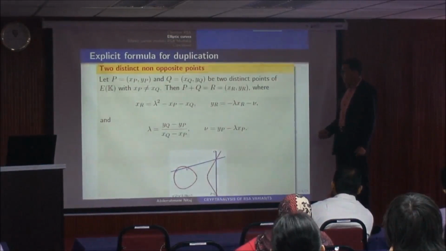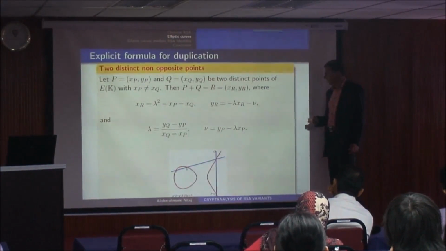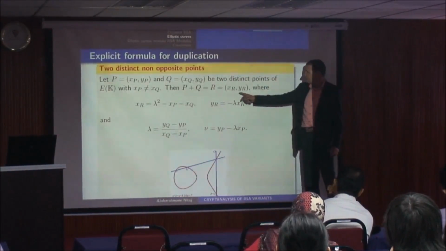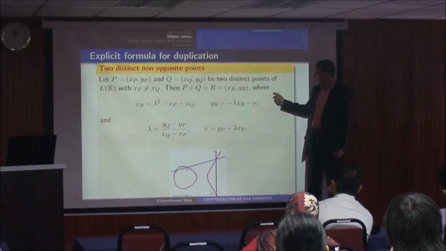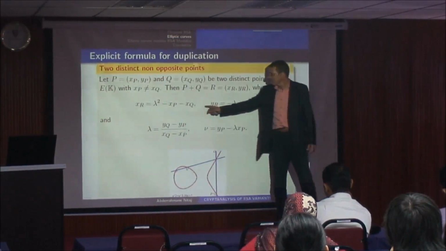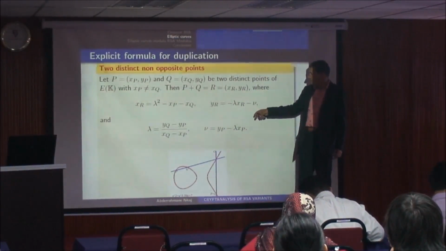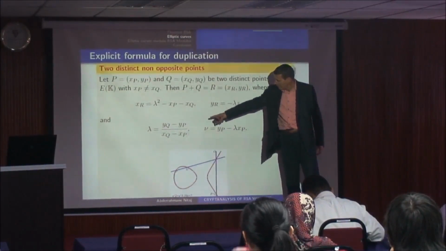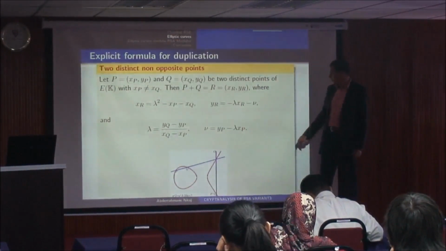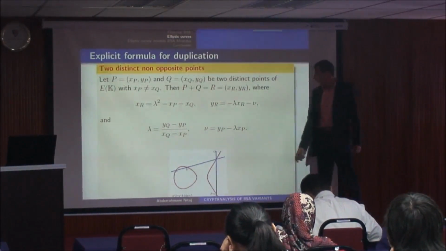And in this equation, we can find a formula for the values of XR and YR. XR will be this, and YR will be this, where lambda is this ratio, and mu is this difference.